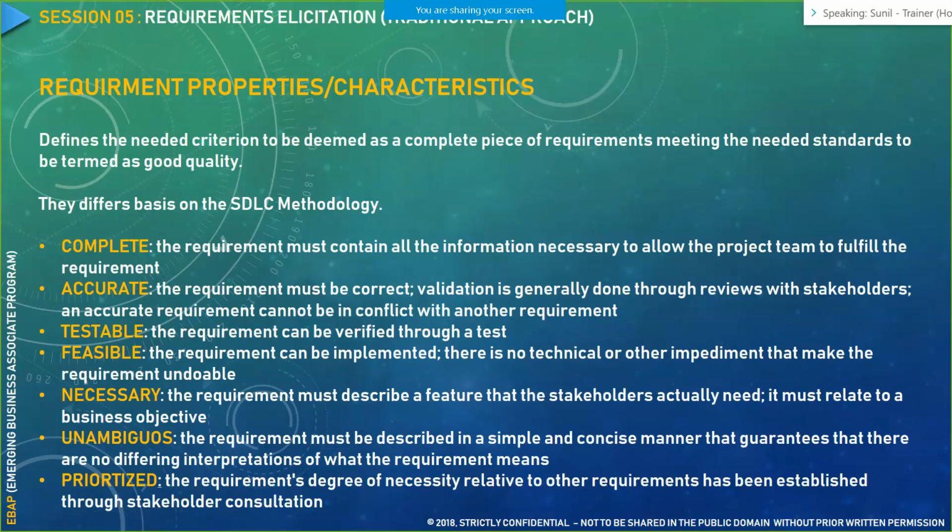It has to be very accurate. Again, it shouldn't be ambiguous. Next, it should be testable. Whatever requirement you are writing, you have to clearly mention the acceptance criteria around that particular requirement. What are the benchmarks on which this requirement would be assessed? So the requirement has to be testable by the testing team.